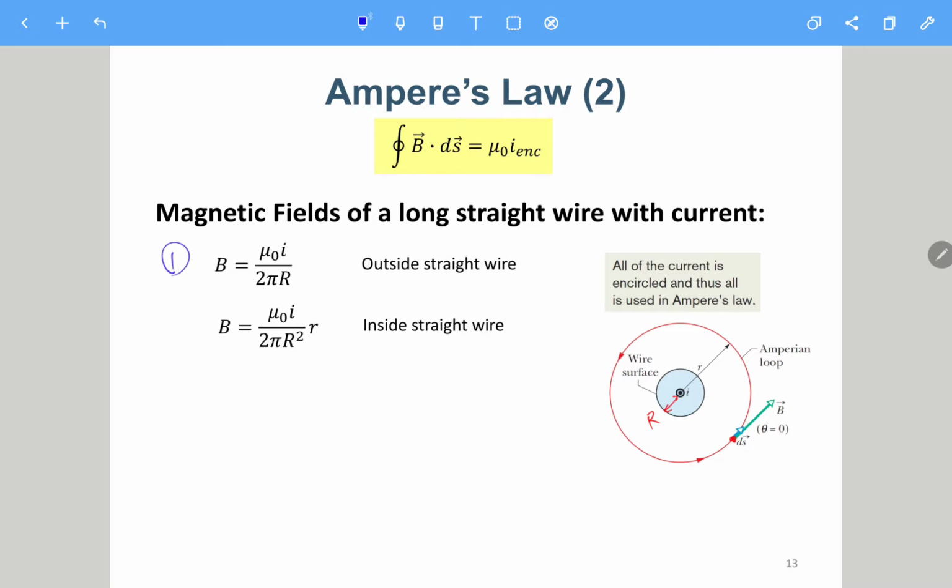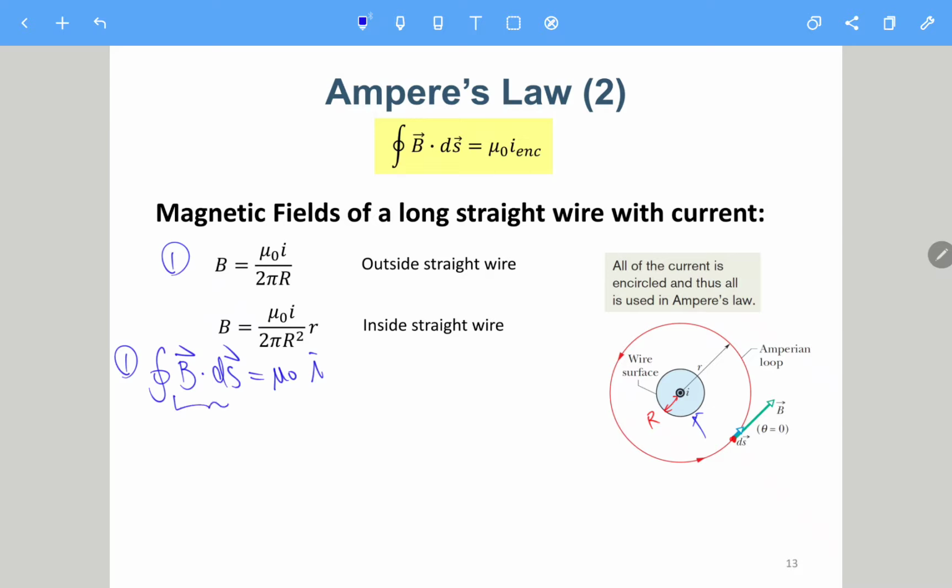For the first part, we make use of Ampere's law: the integration of B dot ds equals mu naught I, where I is the total current, because the whole current is enclosed by this Ampere loop. So we have I here for the I enclosed.